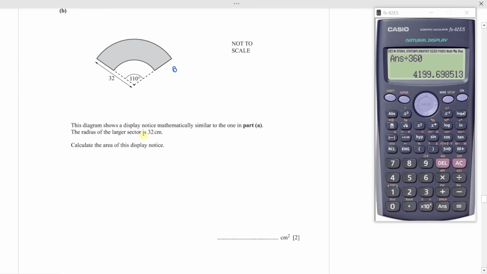So since these two are similar, we are given that they're mathematically similar to each other. So we can use the property that the ratio of their areas will be equal to the ratio of their radii squared. So it will be area of display notice B over area of display notice A, which is in part A, should equal radius of B divided by radius of A, and then we take the square because we are taking the ratio of the areas.